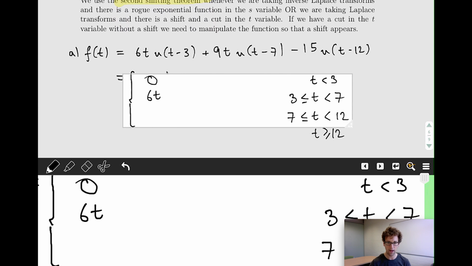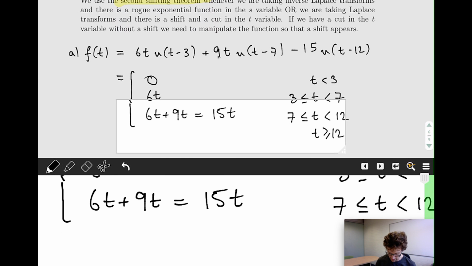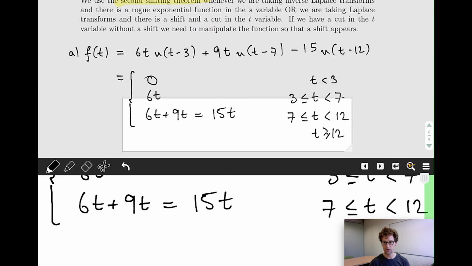Between 7 and 12, I haven't yet switched on this guy, because he only turns on after t is equal to 12, but these ones have both been switched on, so I'm going to get 6t plus 9t, I'll get 15t. And finally, for t greater than or equal to 12, all 3 of my Heavisides are now switched on.